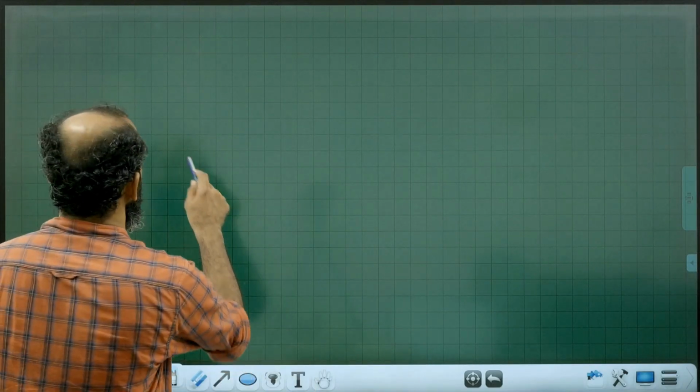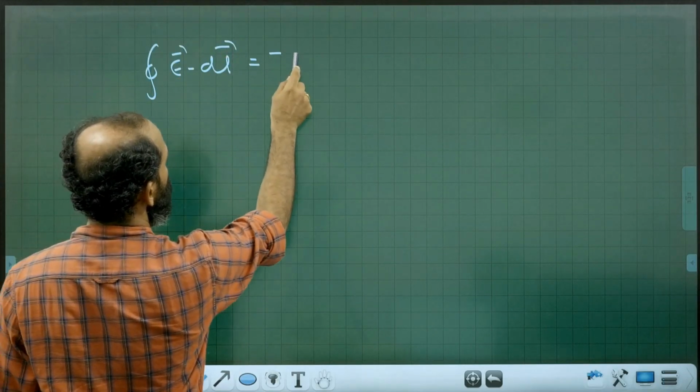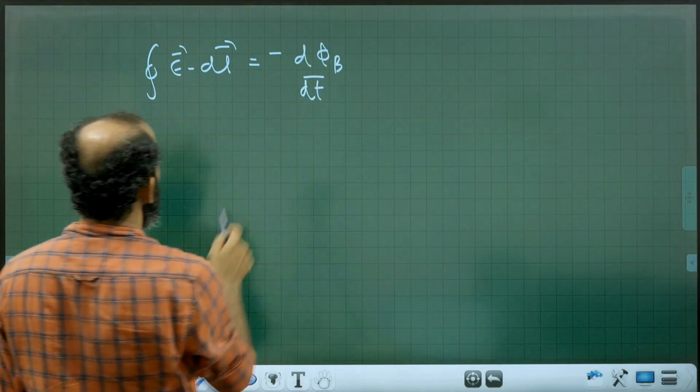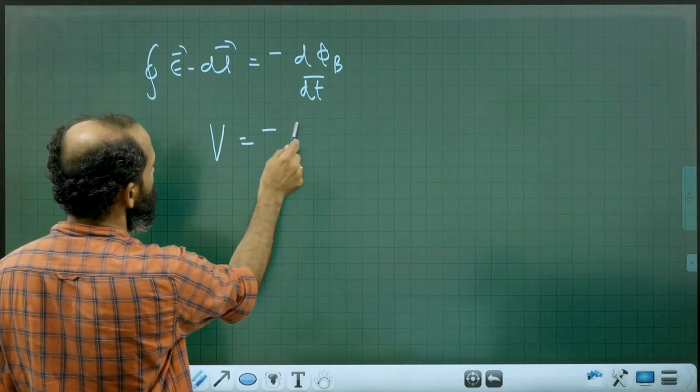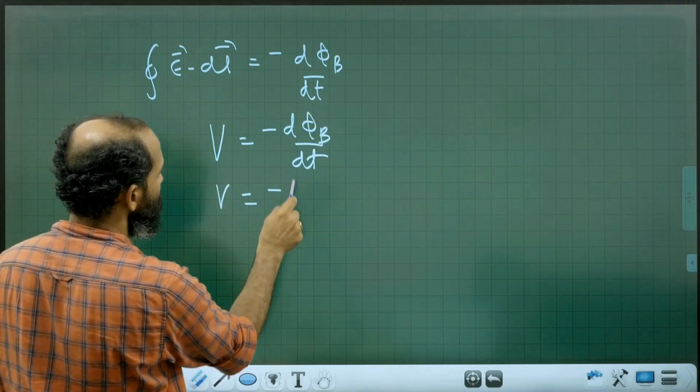So induced EMF: closed integral of E dot dl is equal to minus d phi B by dt. From that, induced voltage equals minus d phi B by dt. All these equations are very important.